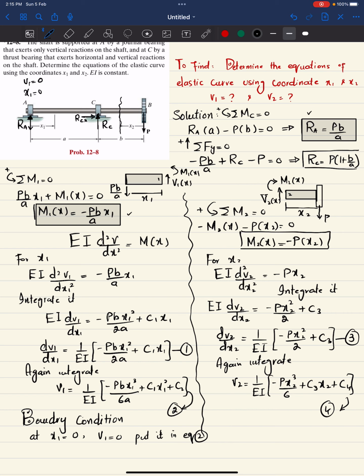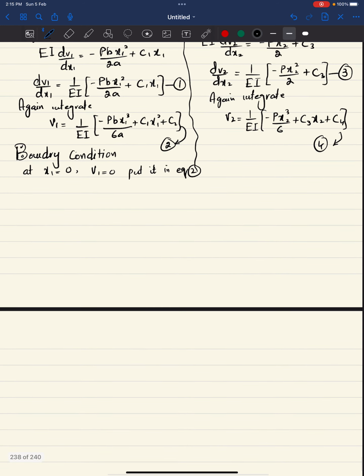Similarly we will use another condition that at x1 equal to a, we have v1 equal to 0, because due to this we have a deflection like this. Clear? So first we will use this condition. When you put x1 equal to 0, v1 equal to 0 in equation number 2, this term will be 0, this term will be 0, and v1 is equal to 0. It means that C2 is equal to 0.